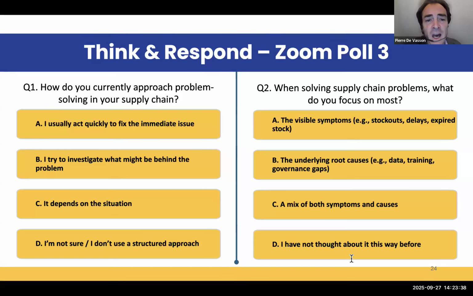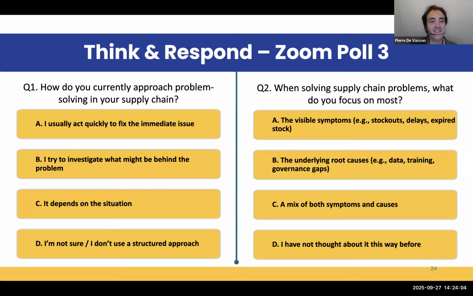Number two question, how do you currently approach problem solving in your supply chain? First answer, I usually act quickly to fix the immediate issue or the symptoms. Second, I try to investigate what might be behind the problem or the symptoms. Number three, it depends on the situation. And number four, I'm not sure, I don't use a structured approach.